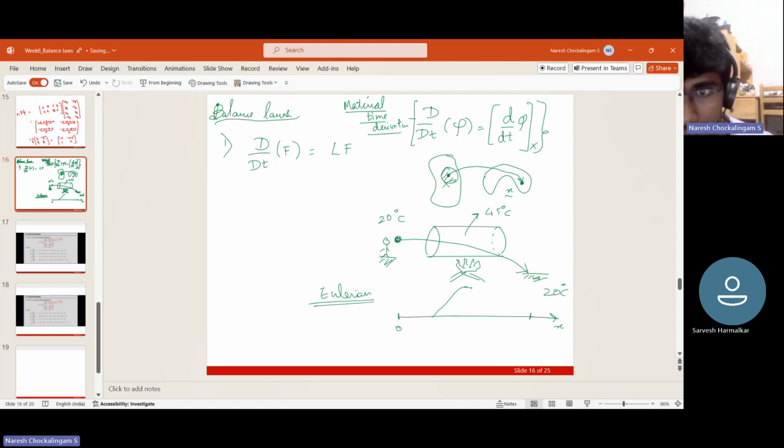And as you reach the end of the tunnel, the temperature is again 20 degrees. Beyond the tunnel, it is just constant.